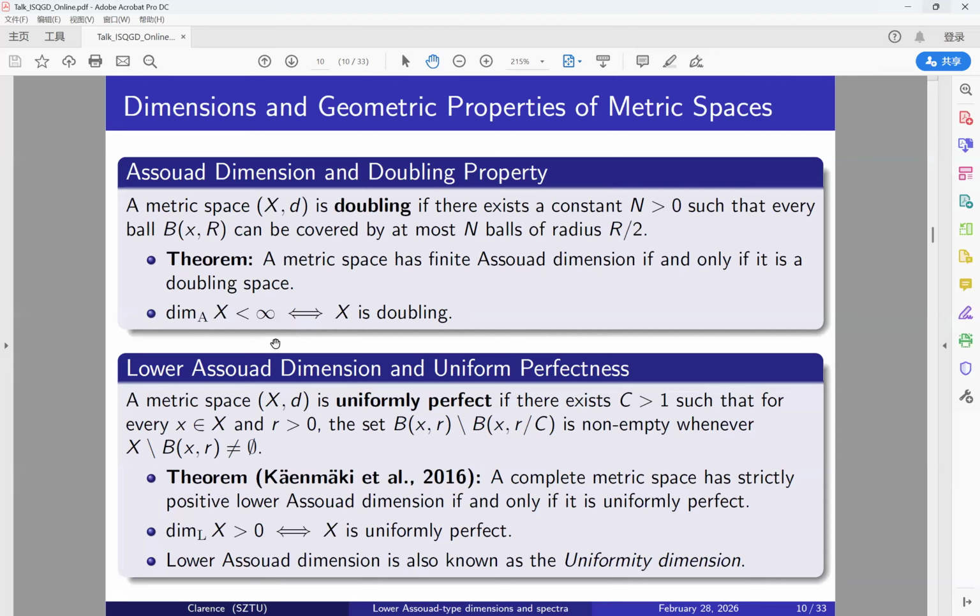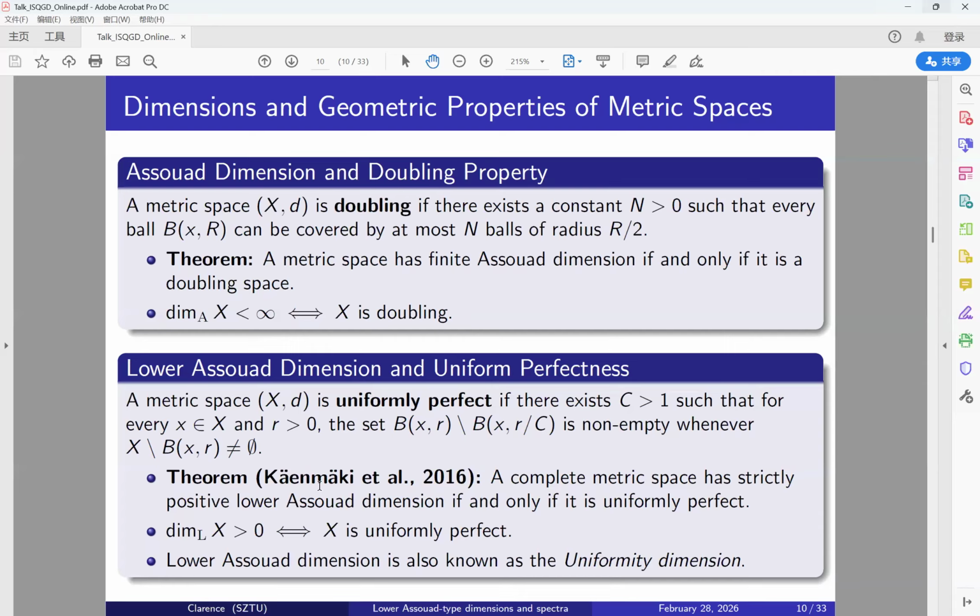Compared to the Assouad dimension, the lower Assouad dimension is also available to describe the geometric properties of metric spaces, but not for doubling; it is for another property called uniform perfectness. Let us have a quick review of uniform perfectness.